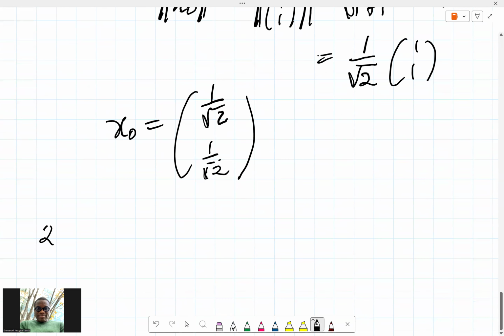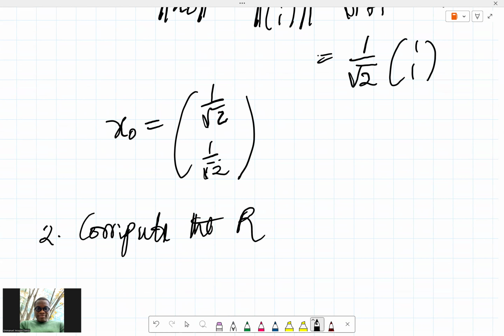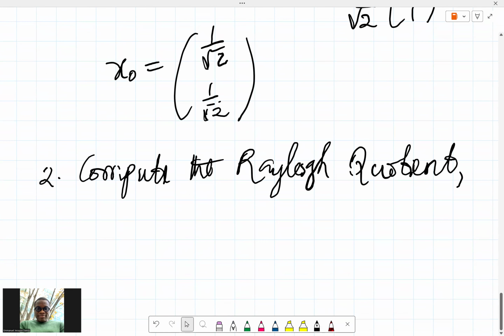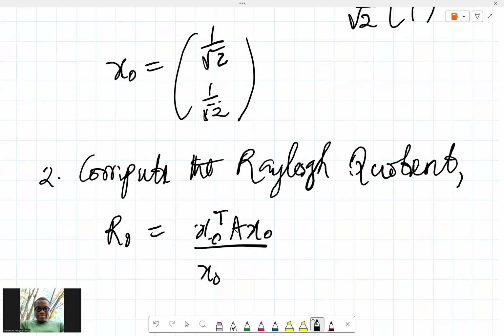Then the second step is to compute the Rayleigh quotient. I wonder why I keep calling it coefficient. Now, we are on the zeroth iteration, so R naught would be x naught transpose A x naught divided by x naught transpose x naught.